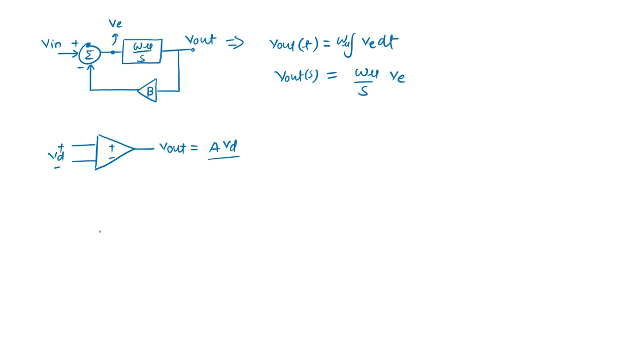So now let's extend this concept to the GM cell. How can we implement the op amp? This is my input voltage. We have a current which is coming through this capacitor and we are generating a voltage. What is the voltage in the time domain?